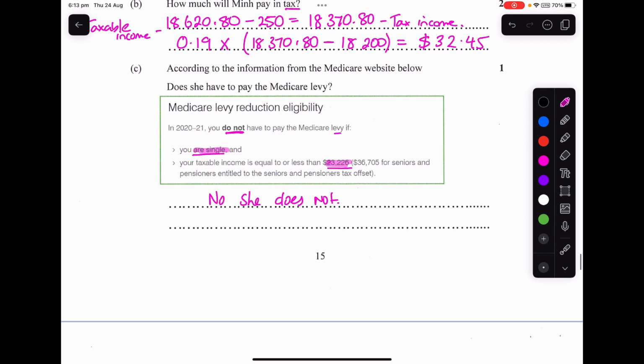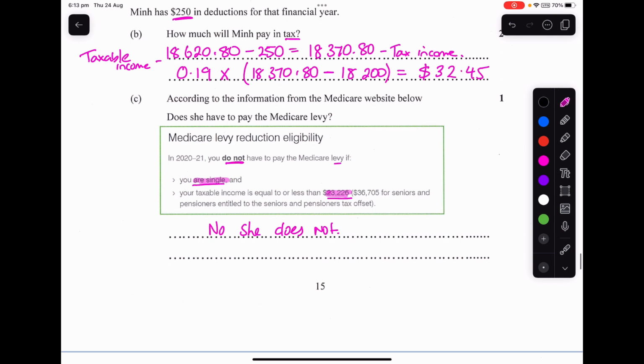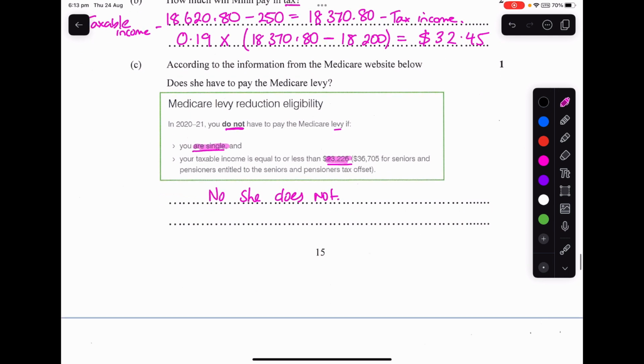Just a note there, if she did have to pay the Medicare levy, just know that the Medicare levy is charged on the taxable income. So I'm going to put a note here. If Medicare levy, I could help if I could spell.